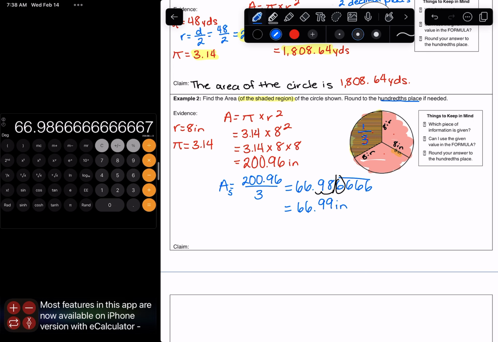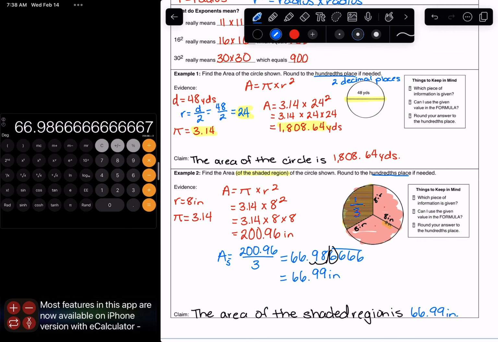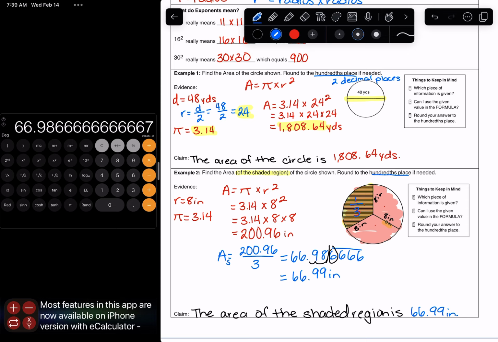Okay. So my claim is going to say the area of the shaded region is 66.99 inches. And that is it for the notes today.